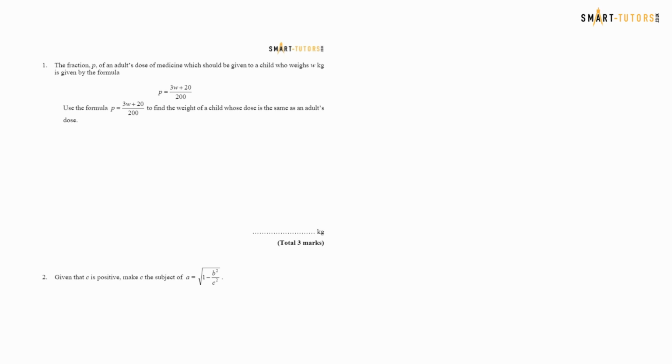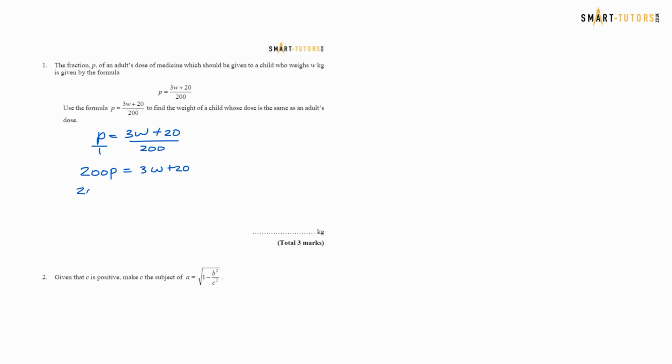So write the formula first. P equals 3W plus 20 over 200. So I'm going to do the cross multiplication. So P over 1. When we cross multiply, P times 200 is 200P equals 3W plus 20.